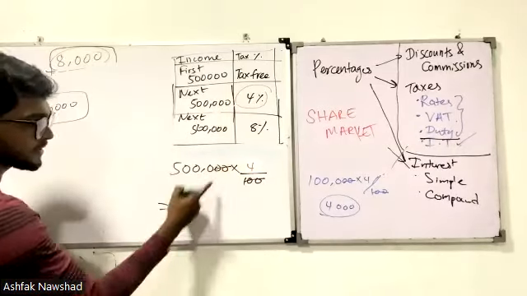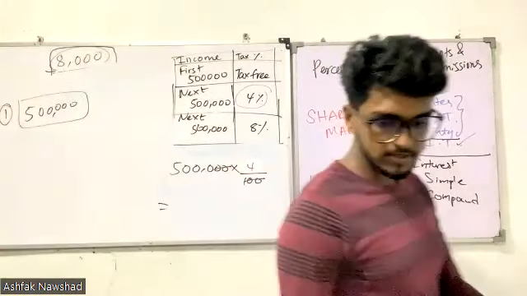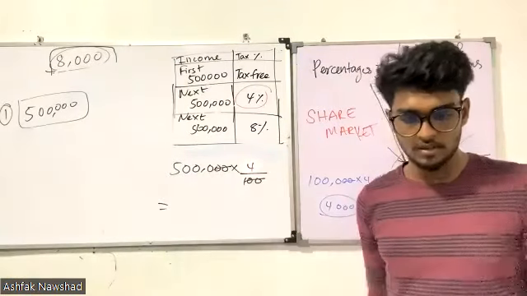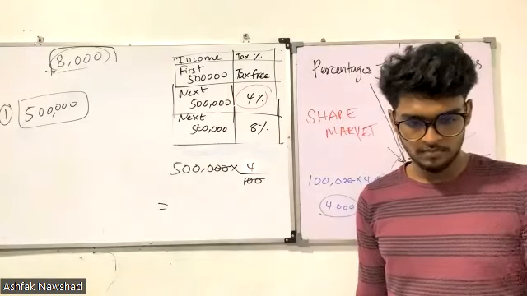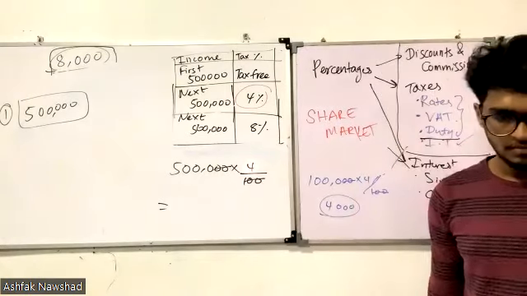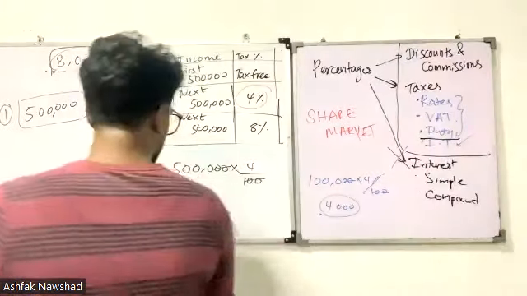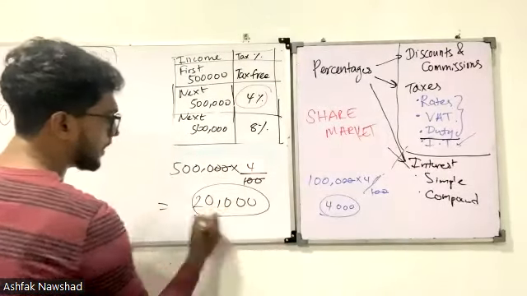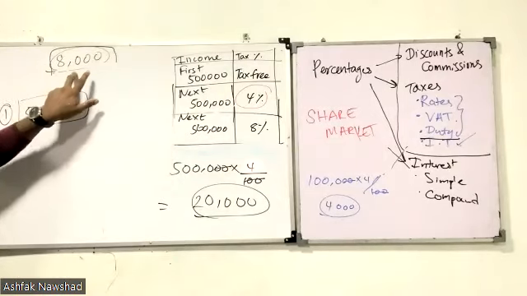Let me know how much would be the tax if he earns another 500,000? Yeah, the tax would be 20,000. Just multiply and see, he would have to pay 20,000. But he pays less than 20,000. Right?